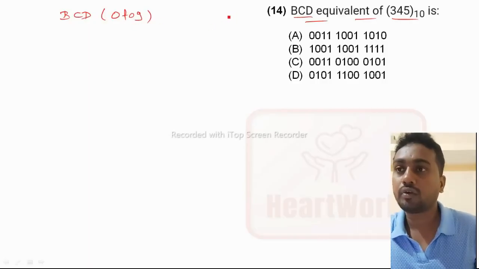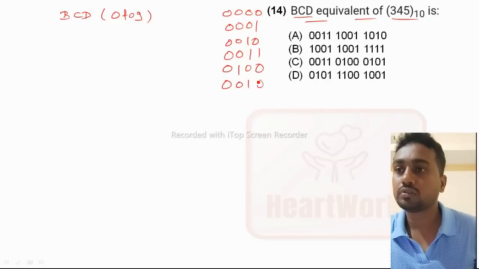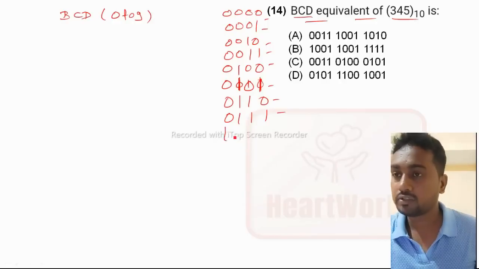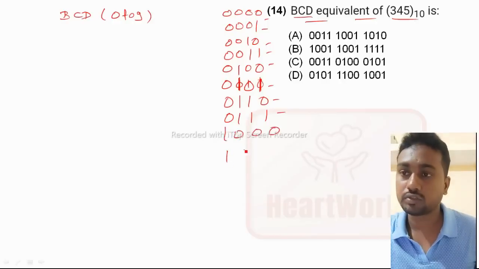And if you write the code for 0 to 9, it will be 0000, 0001, 0010, 0011, 0100, 0101, 0110, 0111, then 1000, 1001.